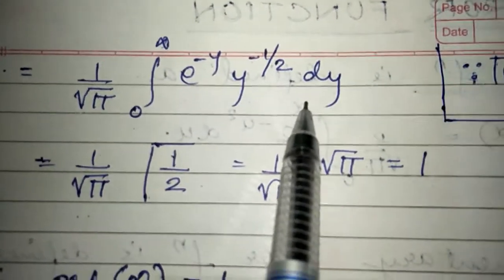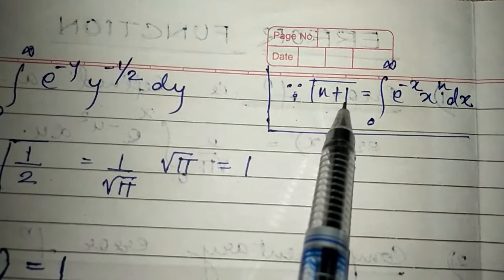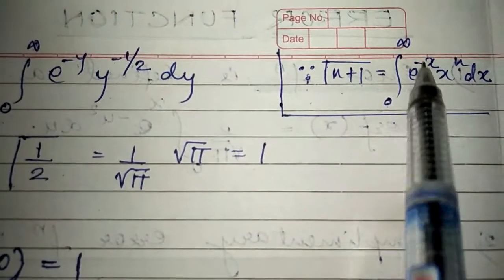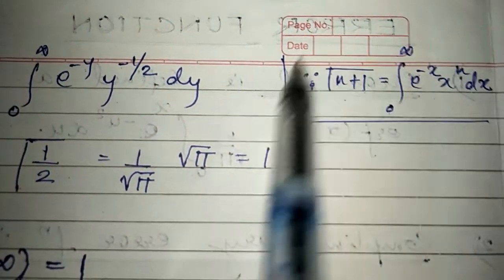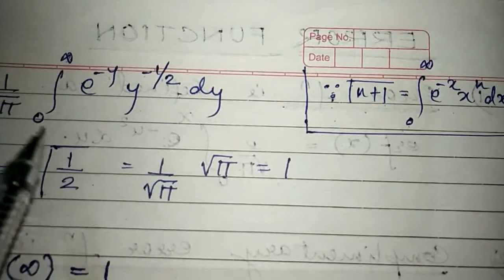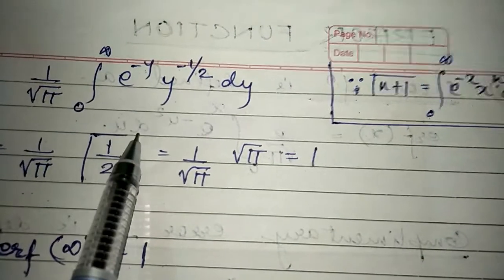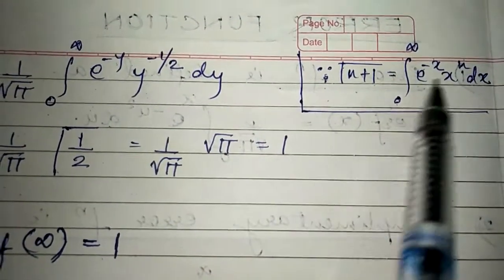And now we know gamma n plus 1 is integral 0 to infinity e raised to minus x, x raised to n dx. This is the standard definition of gamma function, and using this we can write this integral as 1 upon root pi, e raised to minus y, y raised to minus 1 by 2.